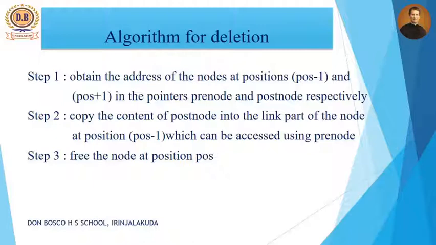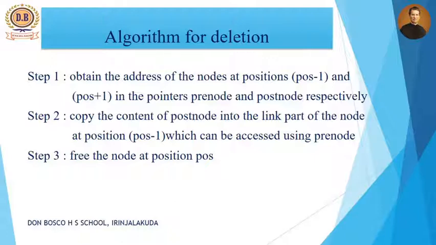First step: obtain the address of the node at position POS minus 1 and position POS plus 1. Identify POS minus 1 and POS plus 1 as pre-node and post-node with the help of the traversal operation. Which operation are we performing first? Traversal operation, to identify the pre-node and post-node.